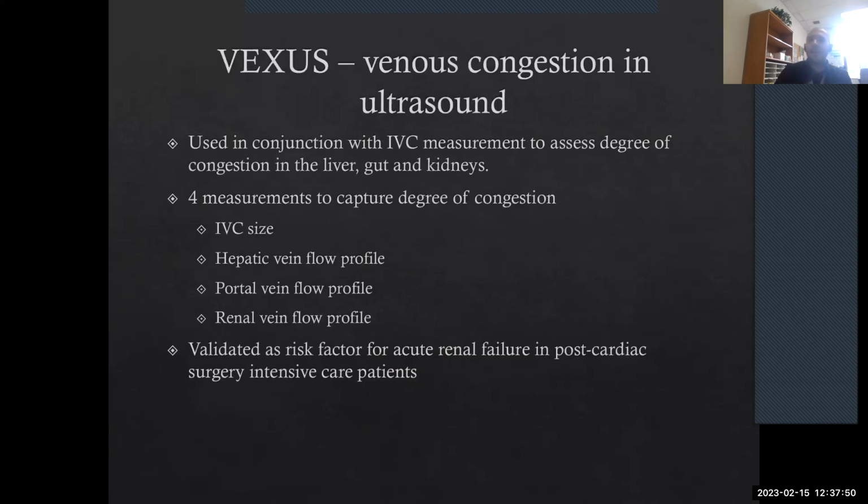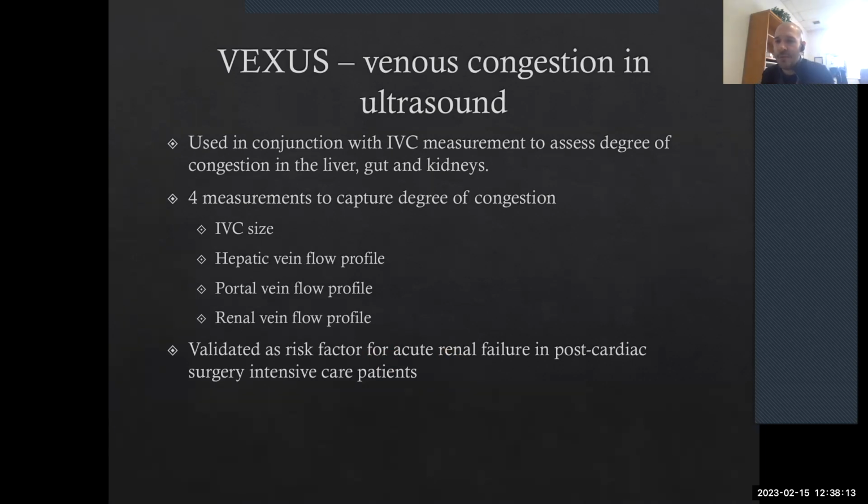And so VEXUS is the concept of venous congestion in ultrasound. It's used in conjunction with the IVC to assess the degree of congestion in the liver, gut, and kidneys. We do 4 measurements for this. We do IVC size, we do hepatic vein flow, we do portal vein flow, and we do renal vein flow.